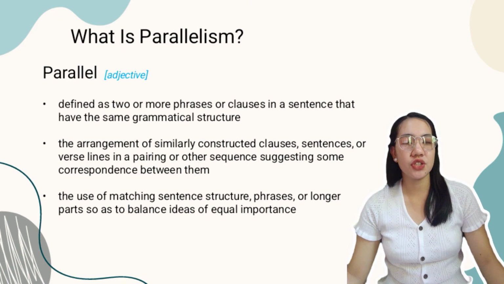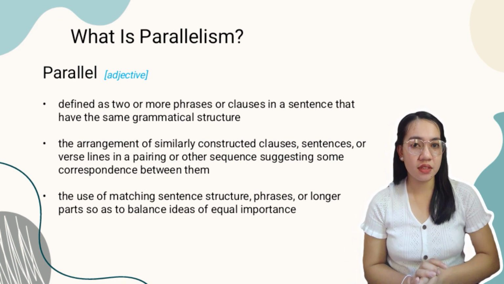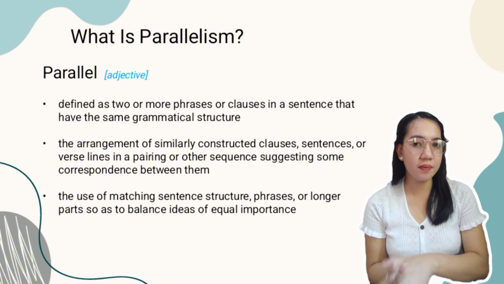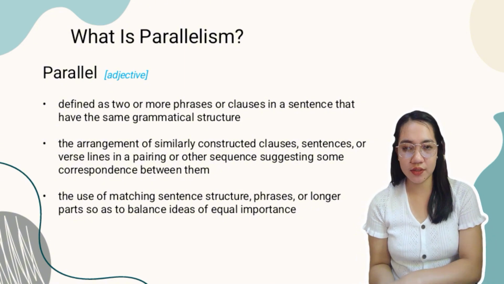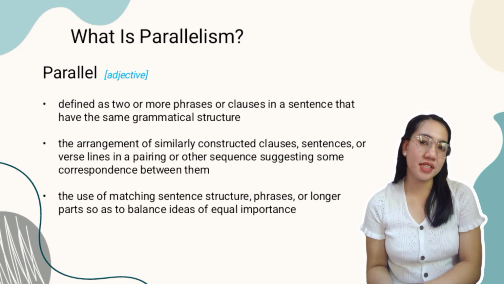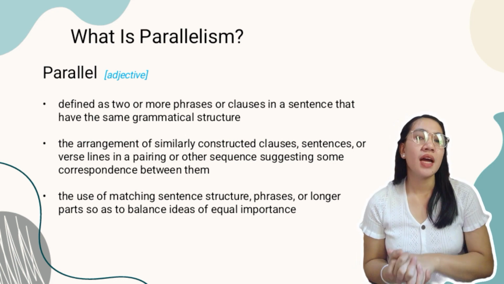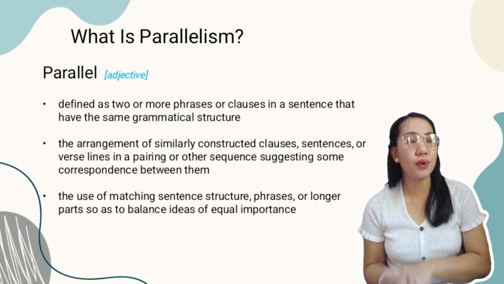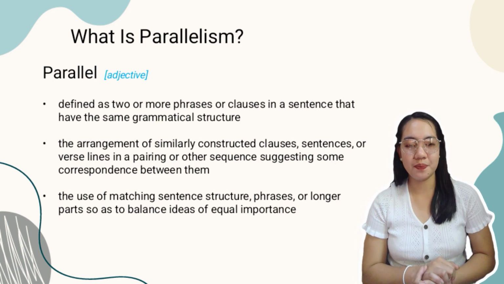The Oxford Dictionary of Literary Terms defines parallelism as the arrangement of similarly constructed clauses, sentences, or verse lines in a pairing or other sequence suggesting some correspondence between them.